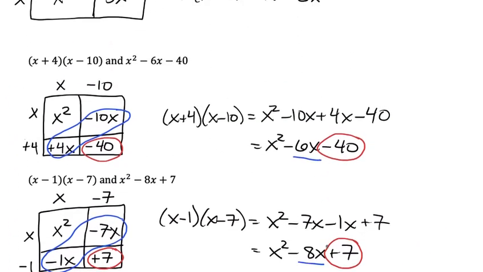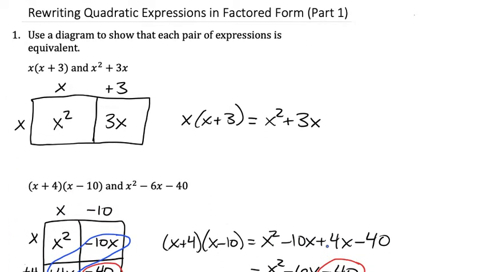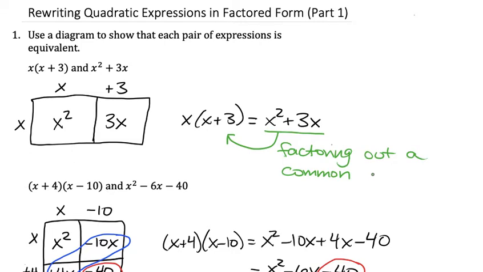Now, if we go back up to our first example here, we see that this one is a little bit different because we don't have 4 boxes, we only have 2. So to think about how we would get from our standard form to our factored form, we are factoring out a common term, or a common, in this case it's a variable.